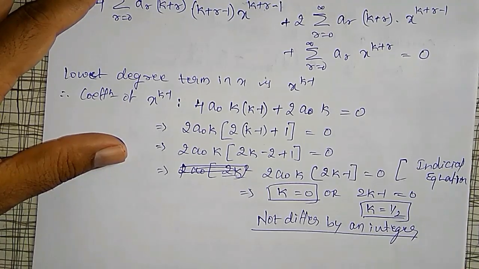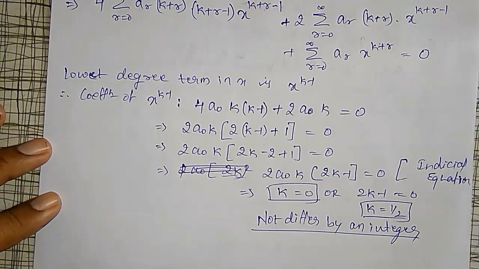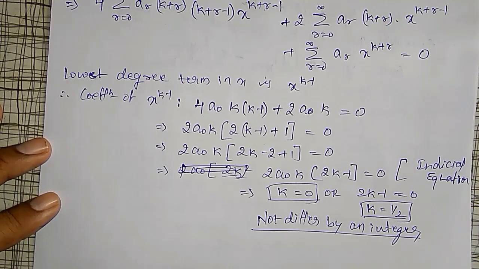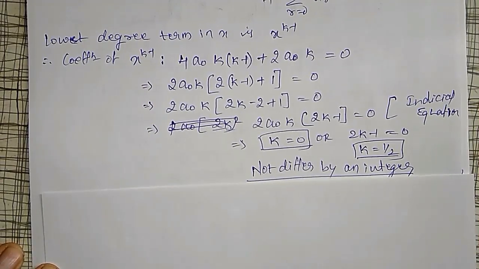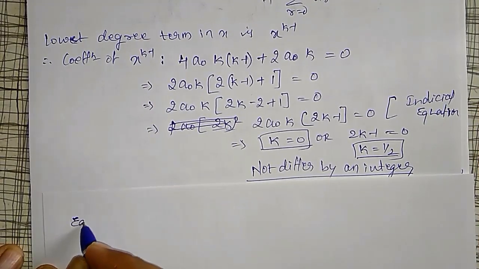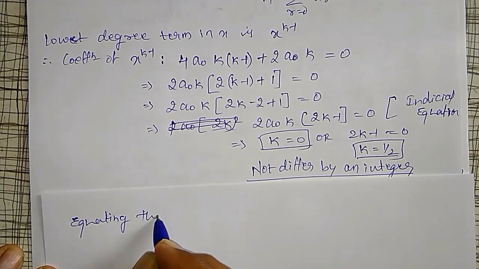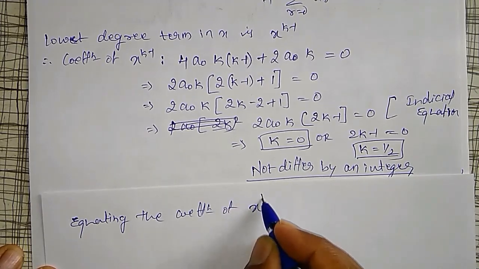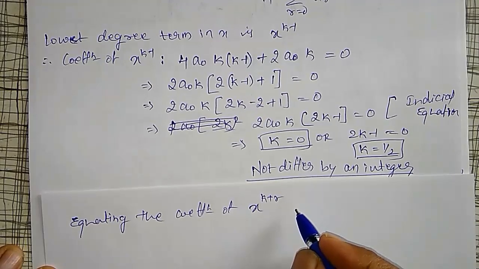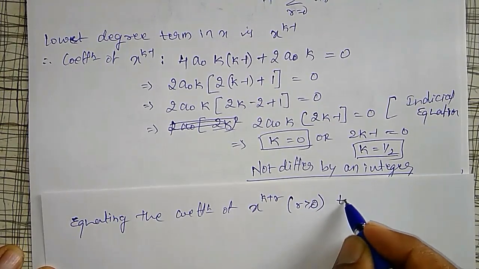Okay, this is one step. In the next step, I have to equate the coefficient of x to the power k plus r to 0. Equating the coefficient of x to the power k plus r, for r greater than or equal to 0, to 0.